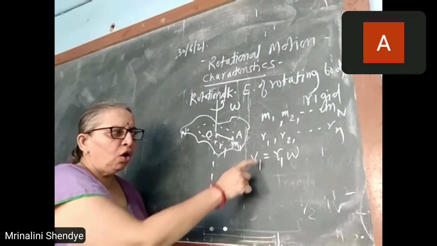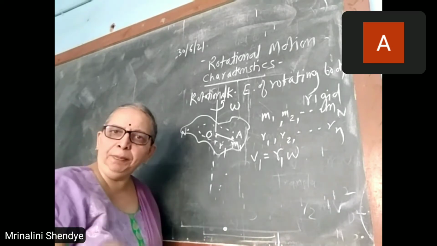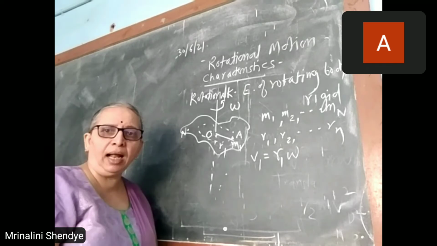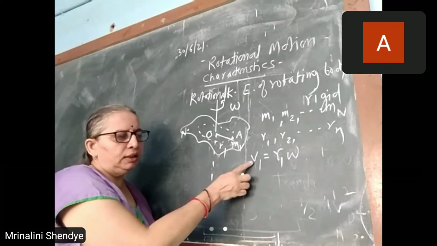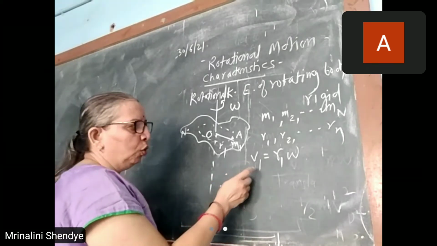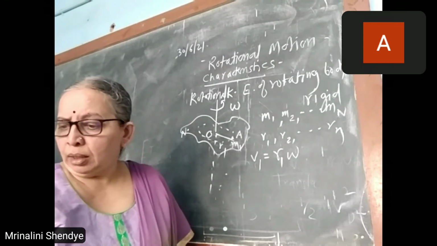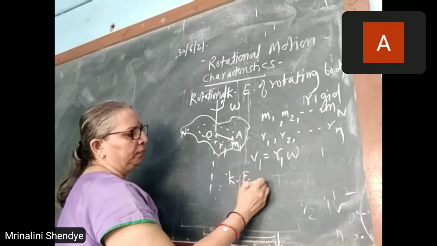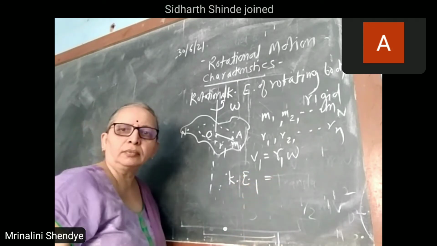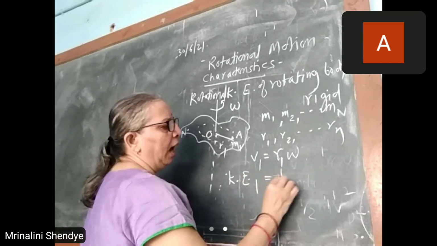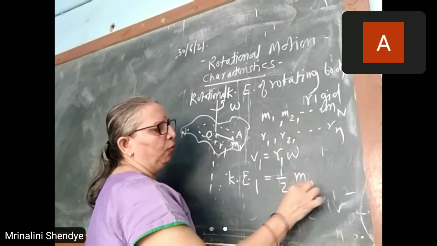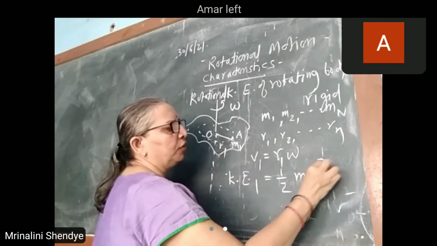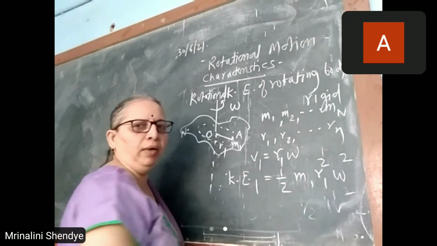On account of this linear velocity, it will possess translational kinetic energy, that is, linear kinetic energy. So the translational kinetic energy for particle 1 will be half, mass is m1, v square, that is v1 square, that is r1 square omega square.